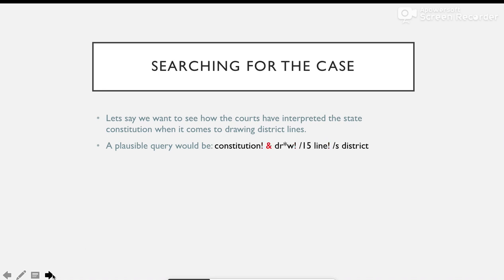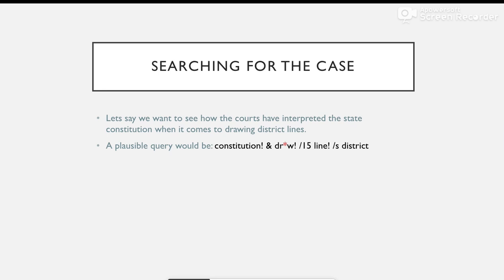Then you have the ampersand. So that basically means that you want to have the word constitution or any variation of that word in the same case as a variation of draw. And then you have this sign, the star, which basically is a replacement for a vowel.